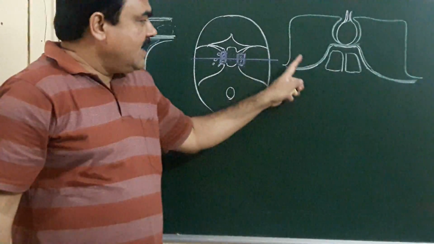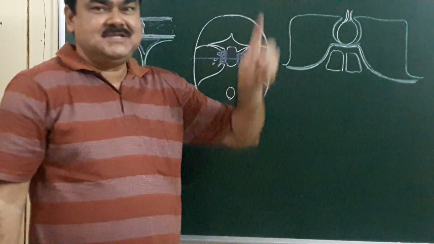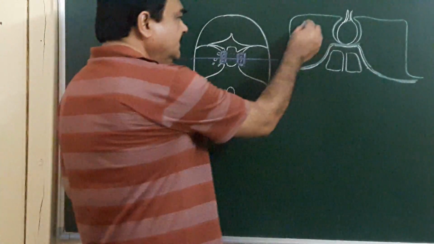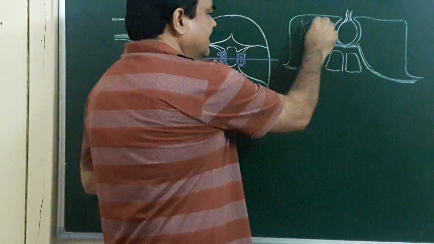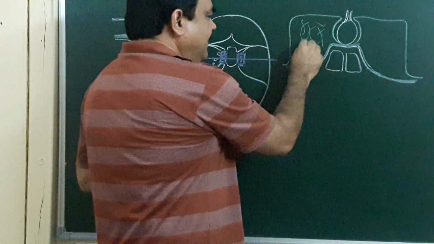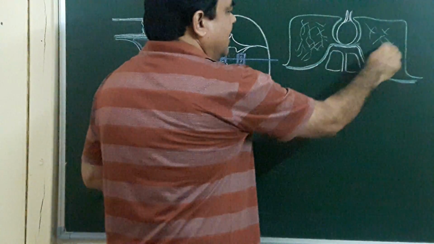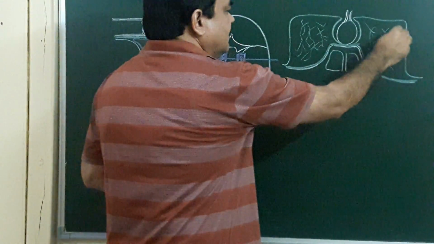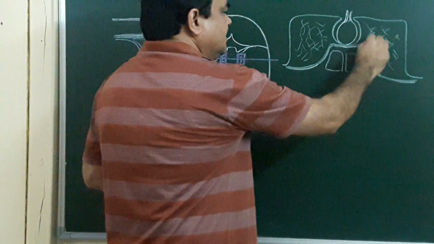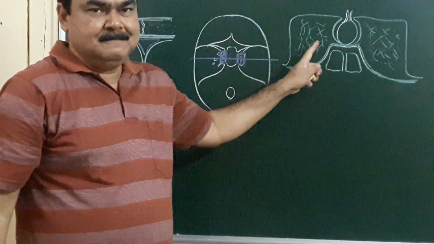Between these two layers, this space is the cavernous sinus. This space is divided into small spaces by the trabeculae, and these spaces are known as caverns. So this dural venous sinus is known as the cavernous sinus.